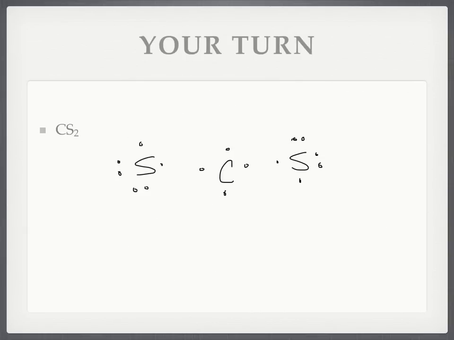Alright, so let's now draw them, and you can see that each sulfur needs to form two. So there's one, there's two, one, two, and carbon always forms four. So you end up with this kind of a structure. It should look something like that. 4 unshared electrons around each sulfur, 2 bonds between sulfur and carbon.